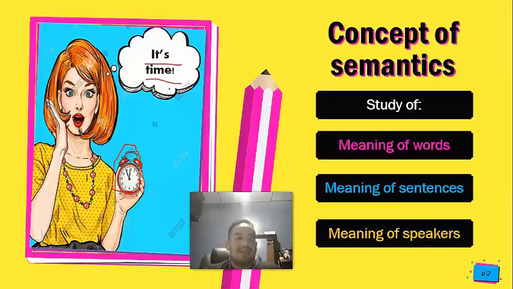And then the sentence "each time" maybe refers to the time for something having come. And finally, there is the message that the cute girl is trying to convey. For example, she's maybe trying to hurry us up, or maybe she only wants to tell us that it's time to do something. So that's the message she's trying to convey. Okay, and the clock serves as a symbol to relate to the word time.